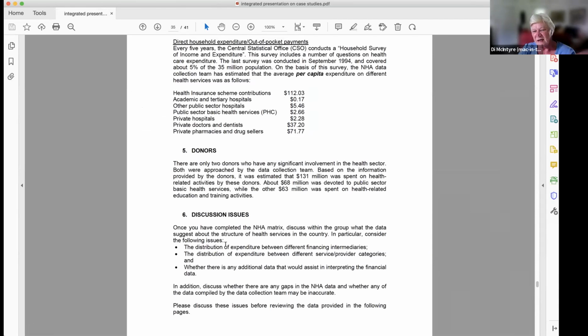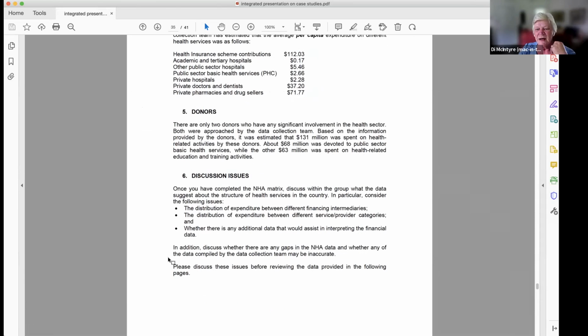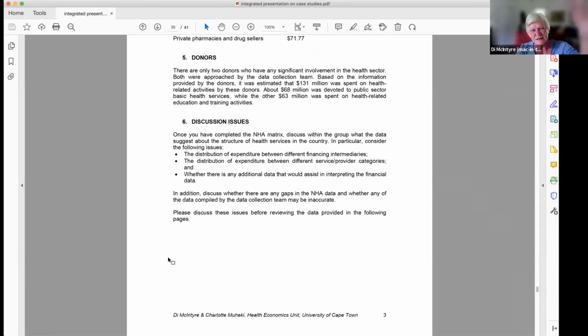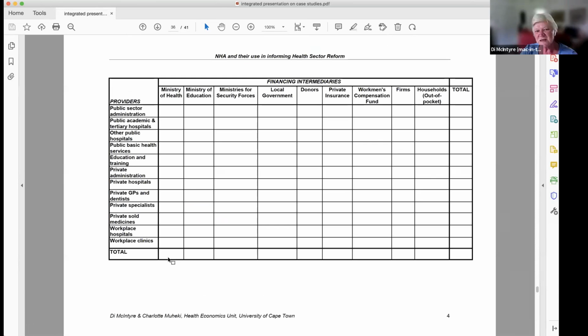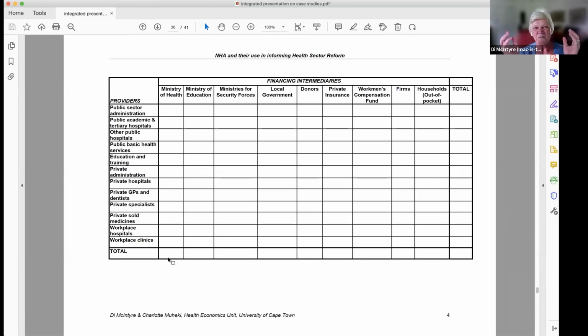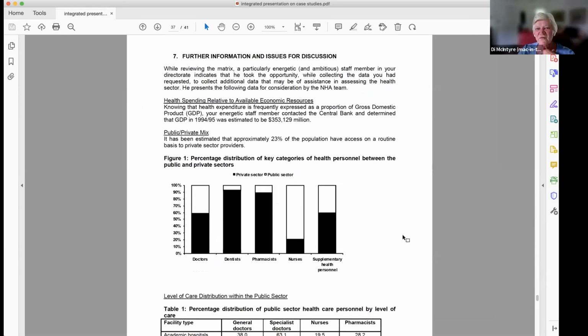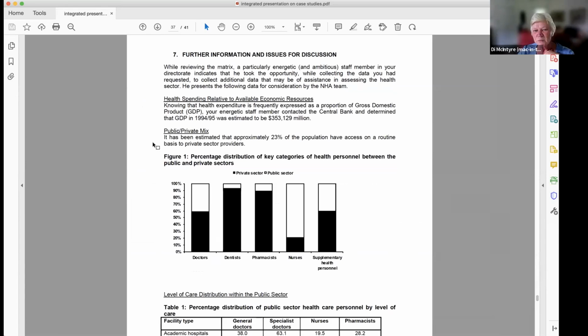So what does it say? What does it suggest about the structure of health services in the country? What's the distribution, etc. And then this particular one has a second phase. You can tell so much from financing and expenditure data, but you don't get a good enough understanding of the health system and some of the challenges, the efficiency and the equity challenges it can face. So this has a second part where further information is provided, on the distribution of healthcare professionals between the public and private sectors, between different levels of care.